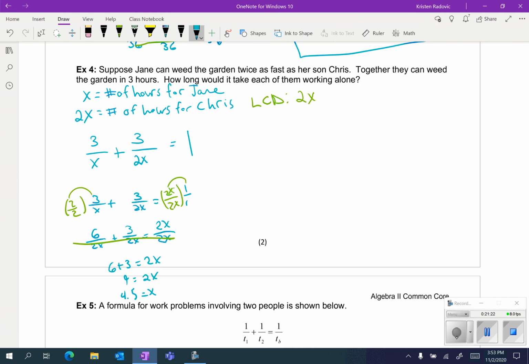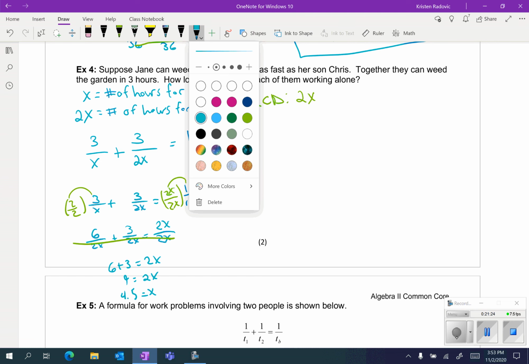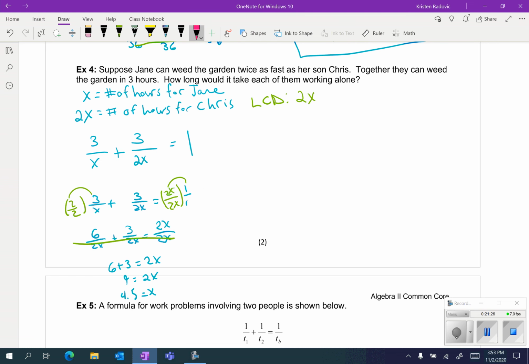Right now we only have x, so that means we only have Jane's hours, which is 4.5. So if Jane takes 4.5 hours and Chris takes twice as long, that means double 4.5, right? 2 times 4.5 is going to mean that Chris takes 9 hours. So here's your answer. 4.5 hours for Jane, 9 hours for Chris.